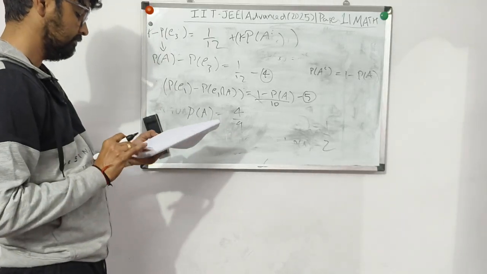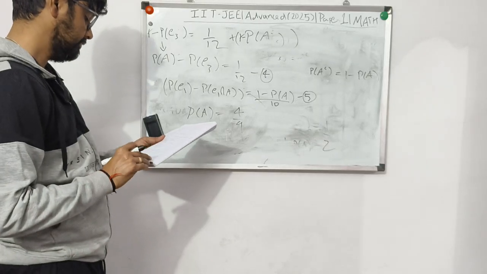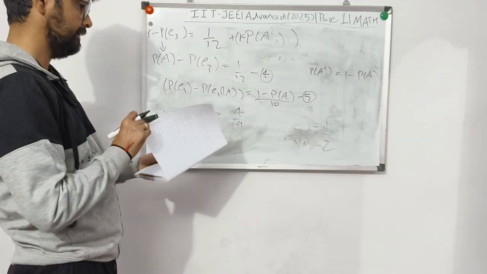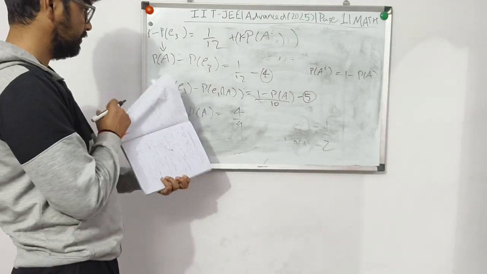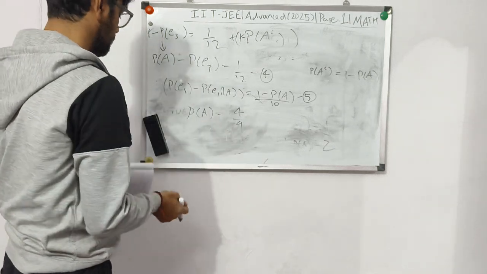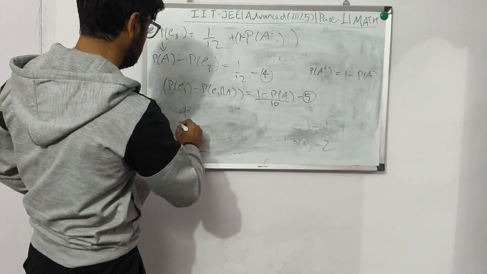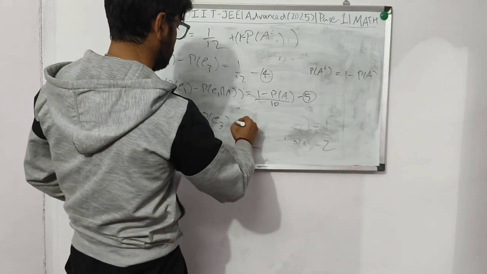And what did we want? We wanted the value of P(E3), and P(E3) appears with P(A) in equation 4. This is the equation 4. Substitute 4 upon 9 here, and we get 4 upon 9 minus P of E3 equals 1/12.